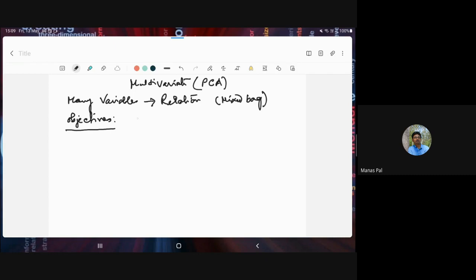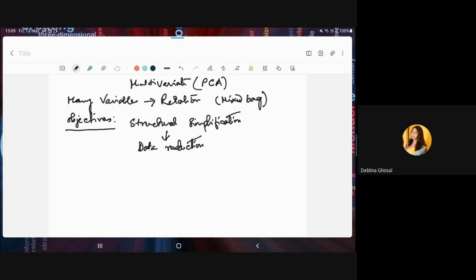So we need a structural simplification. And structural simplification basically leads to data reduction. That is sacrificing some variables or valuable information for better interpretation.